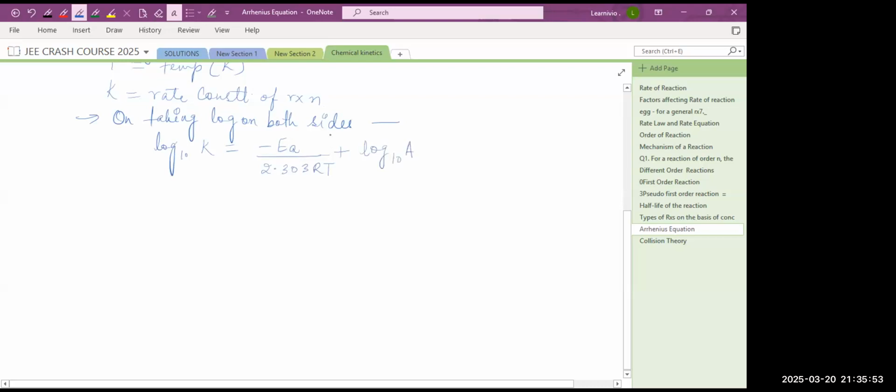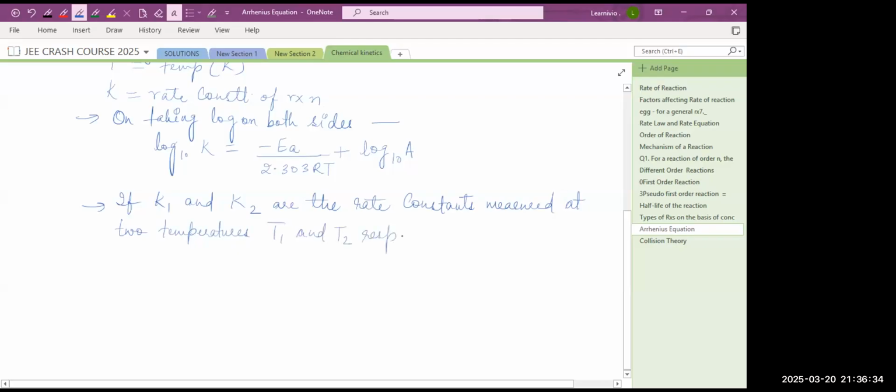Okay. Now see, if k1 and k2 are the rate constants measured at two temperatures, T1 and T2 respectively, then what will be the formula?